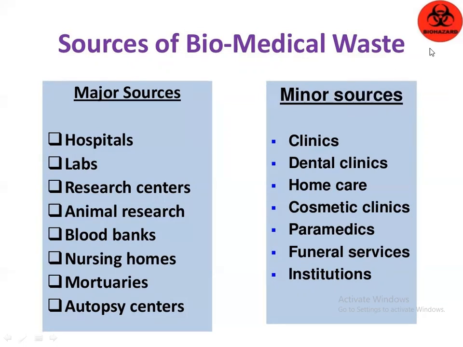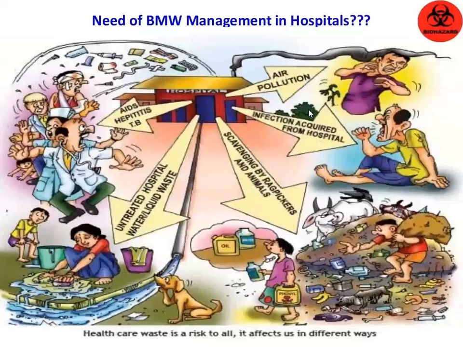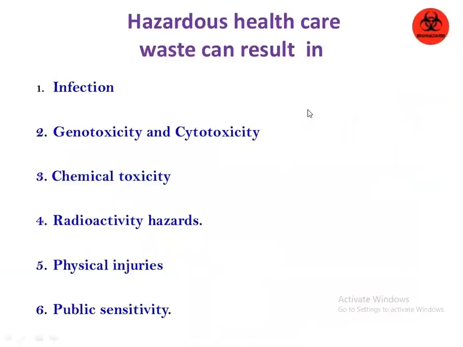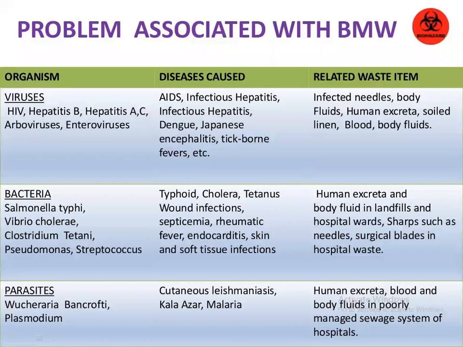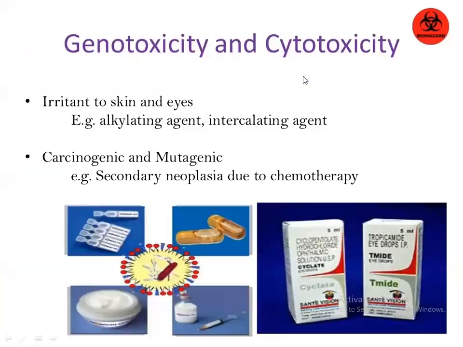Based on that, the different types of waste which are collected from these sources, then the different causes of this biomedical waste, what it results in, and the problems associated with the biomedical waste that you have seen.